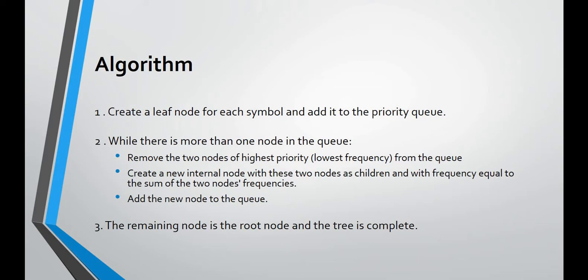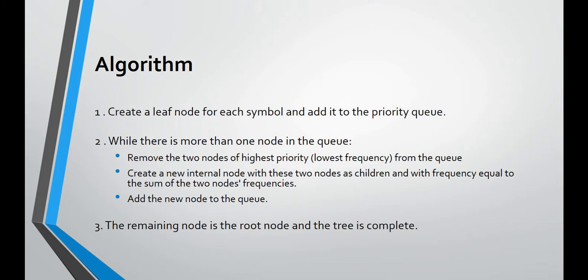Here is an outline of the algorithm. Create a leaf node for each symbol and add it to the priority queue, in this case a tree. While there is more than one node in the queue, remove the two nodes of highest priority, or lowest frequency, from the queue.